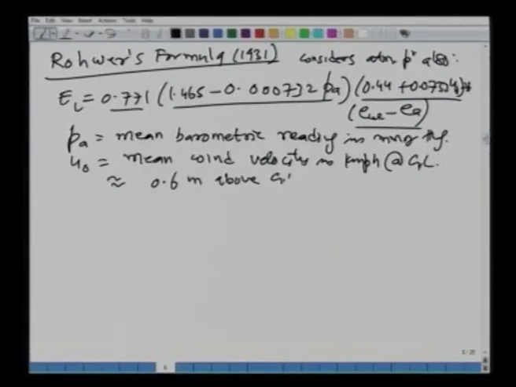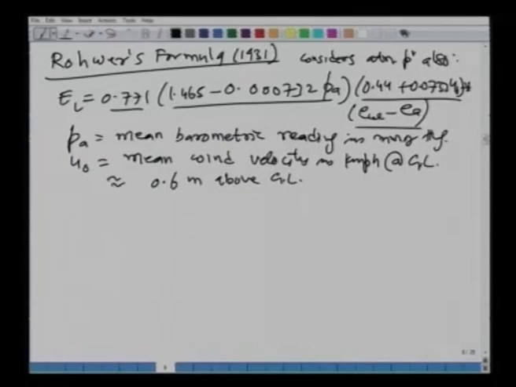Due to the boundary layer effects, the wind velocity right at the ground level is actually 0. So, you take it about 0.6 meters above the ground level. That is where most of the meteorological stations may put their anemometer.